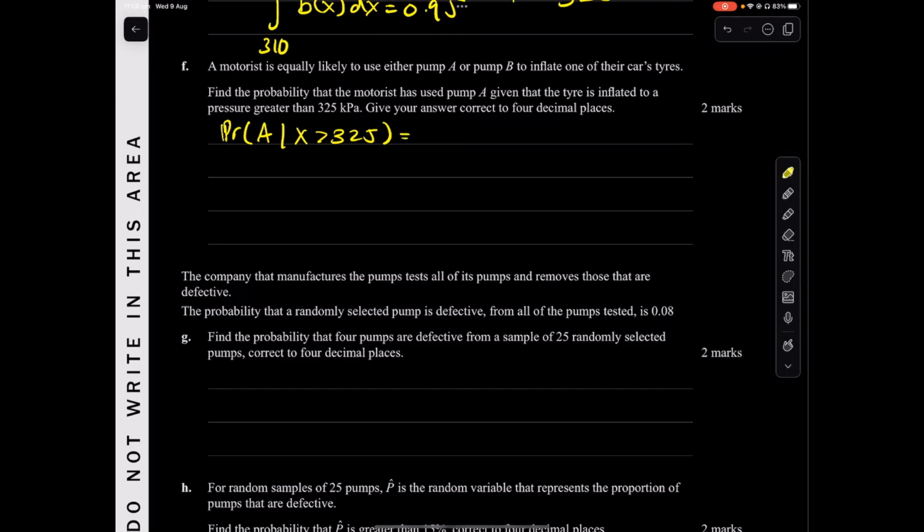So let's rewrite this whole thing. This simplifies to the probability of A intersection X greater than 325, all over the probability of X greater than 325.